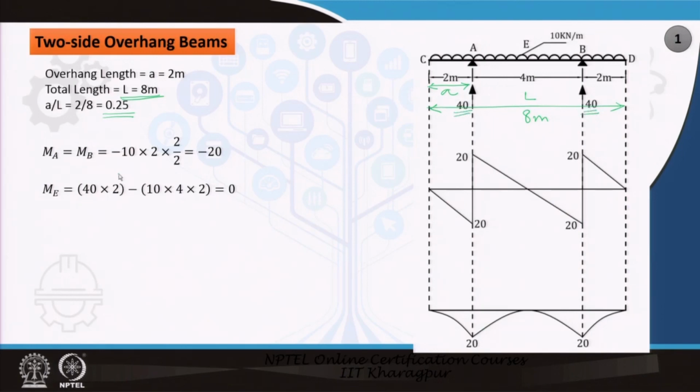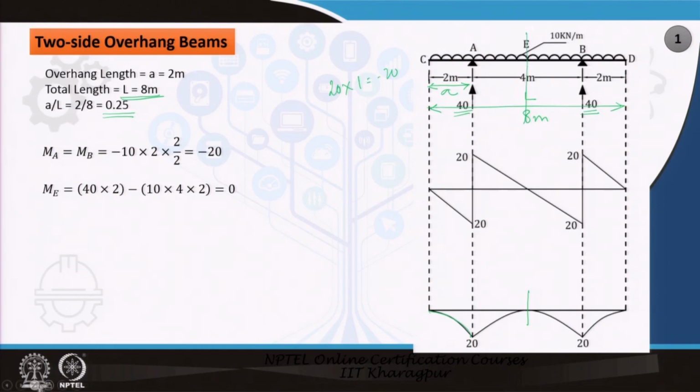So I can find out MA and MB. It will be symmetrical, because MA will be 10 into 2 into 1, that means equal to minus 20. And ME I can also find out by 40 into 2, why?